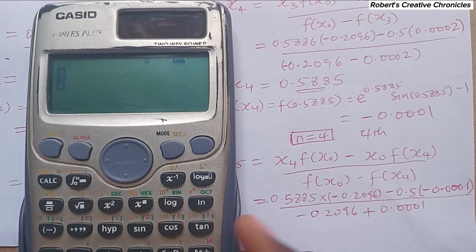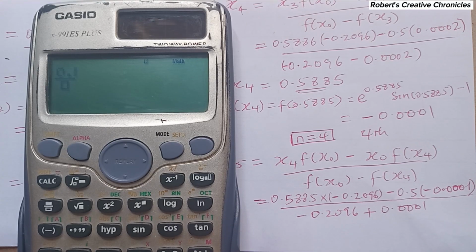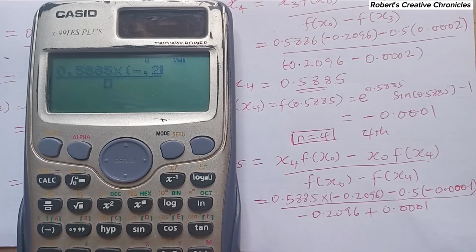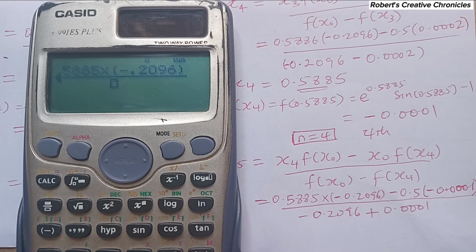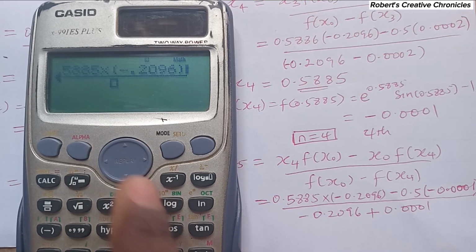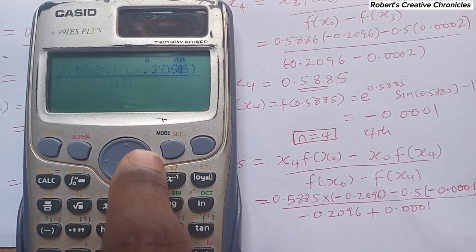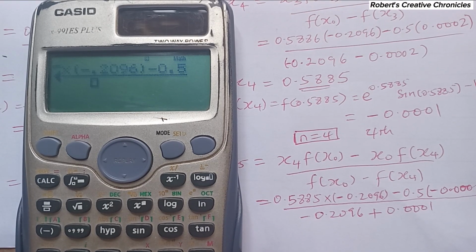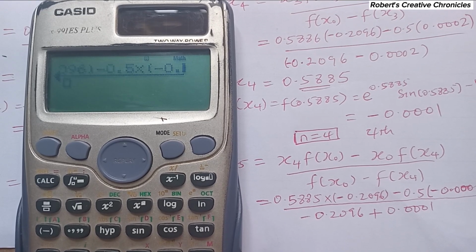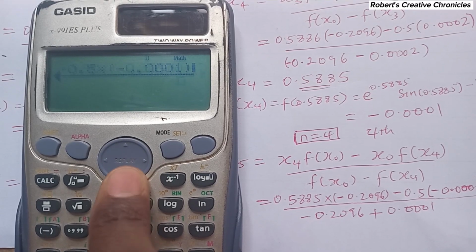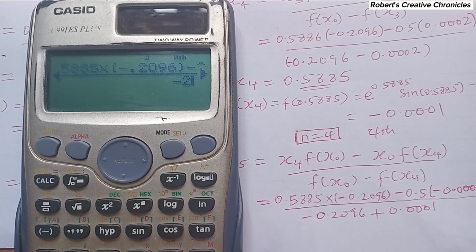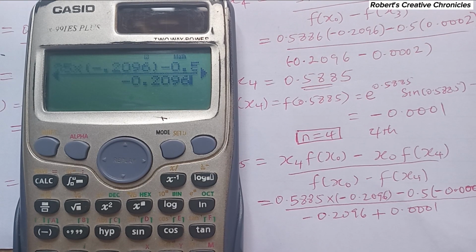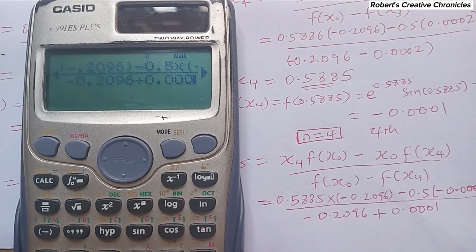So now let's put this in the calculator. 0.5885 times minus 0.2096 minus 0.5 times minus 0.0001, over minus 0.2096 plus 0.0001.